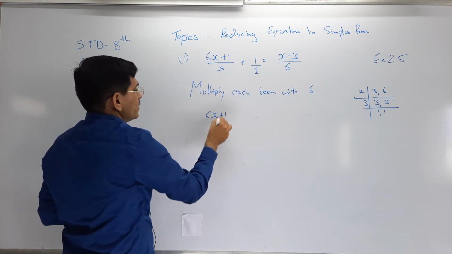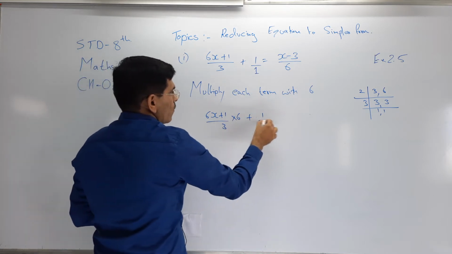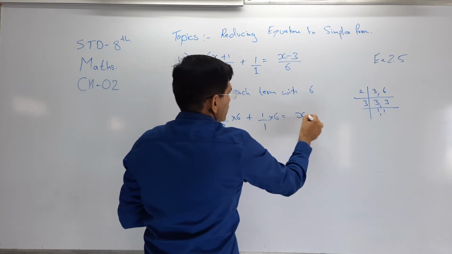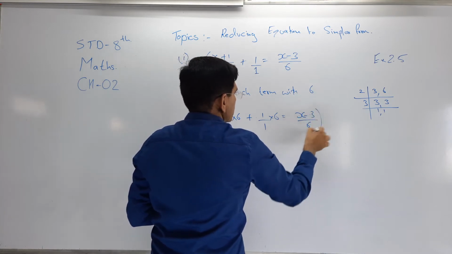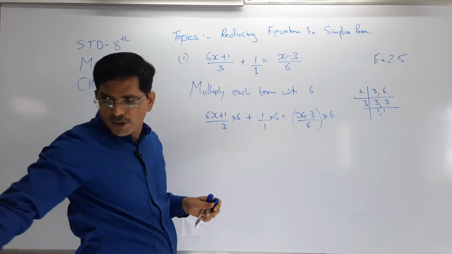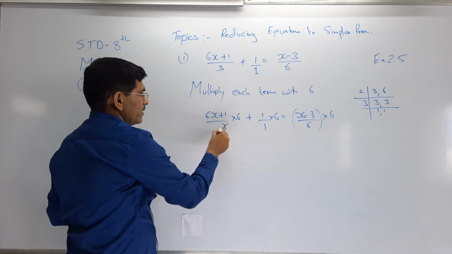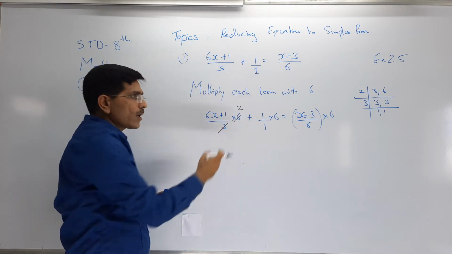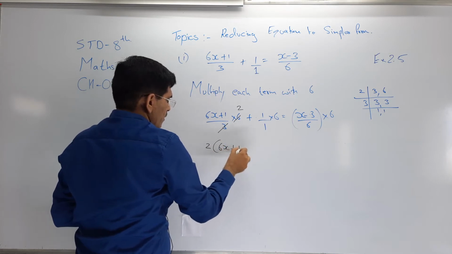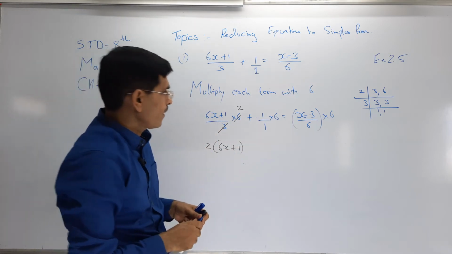So now you will see, if I multiply here with 6, what happens? 6x plus 1 by 3 multiplied by 6, plus 1 upon 1 multiplied by 6, equals x minus 3 divided by 6 multiplied by 6. Now here 3 twos are 6, so the 2 should come forward. So now it is 2 times the bracket 6x plus 1, plus 6.